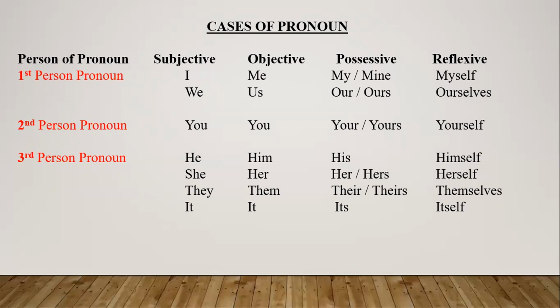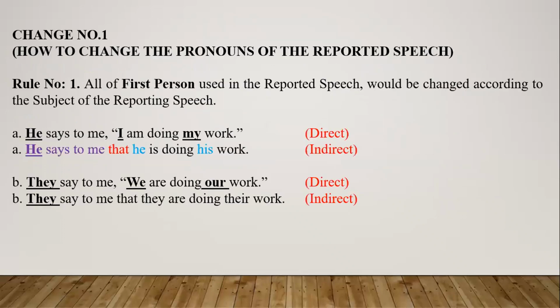They, them, their, theirs, themselves, and it, its, itself. So this is all about cases of pronoun. We have to see how we convert these pronouns if we have first person, second person, and third person. Later on, inshallah, I'll let you know in this lecture how to convert pronouns.